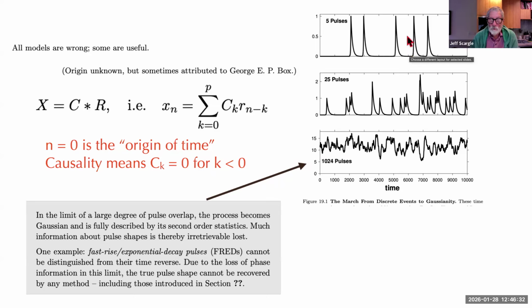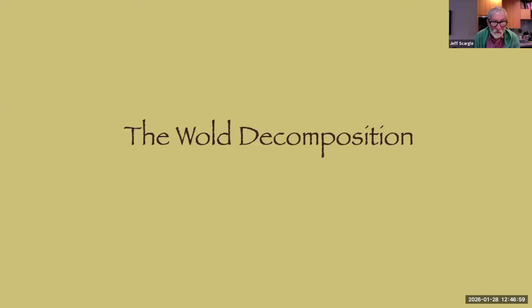For example, if you run the first two panels backwards in time, you see a difference. You see a slow rise and a sudden decay. But in a Gaussian process, you can't distinguish the direction of time, and no method on the planet, maybe I will be proved wrong, can unfold the arrow of time in this situation.